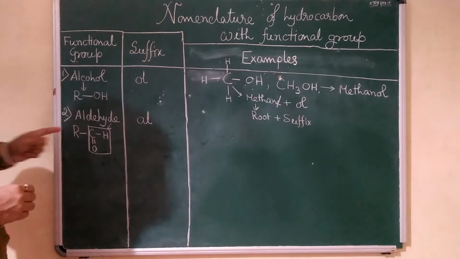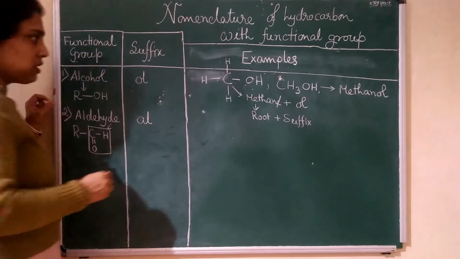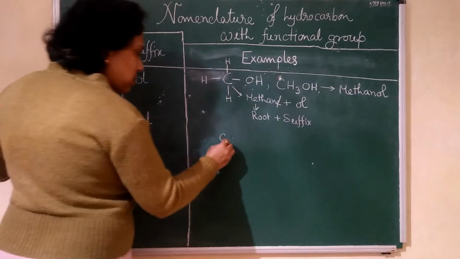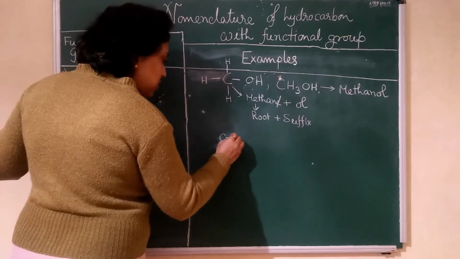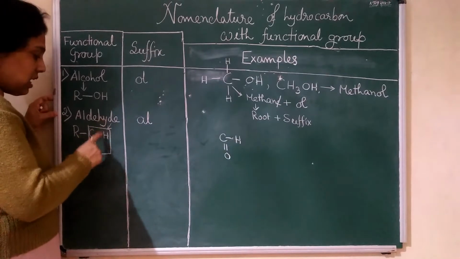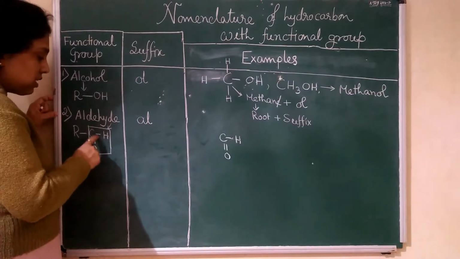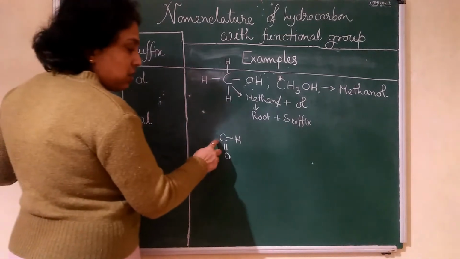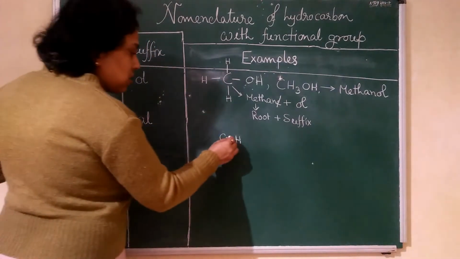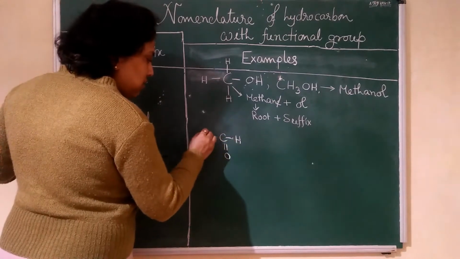Now if I write, see, for the first carbon, this is already there. For aldehyde, this carbon is already present in the functional group. So you only have to satisfy the hands. So 1, 2, 3 and 4.